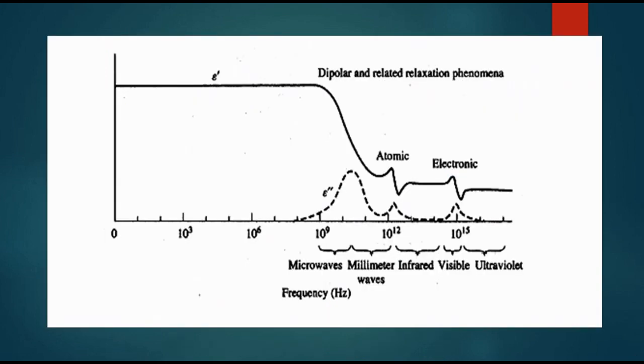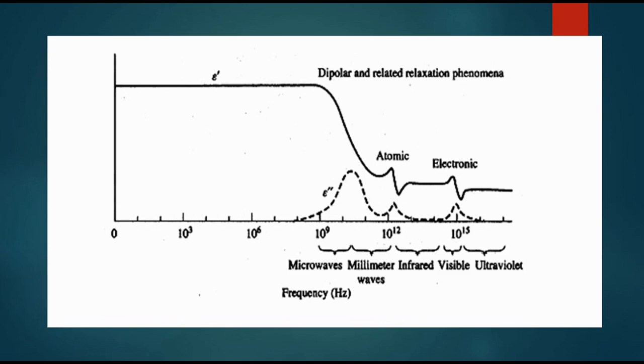Now, this is what I'm trying to explain here. From the diagram above, you can see that we have the dipole and related relaxation phenomenon. Let's use this as microwave, millimeter, infrared, visible, and ultraviolet waves.